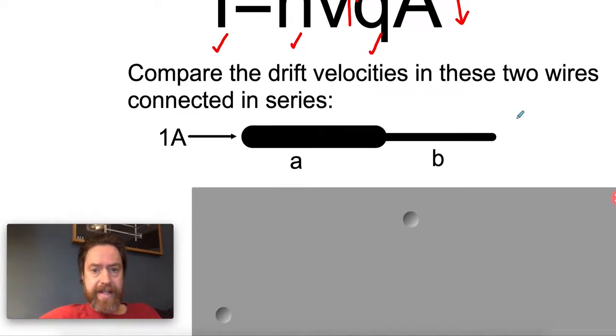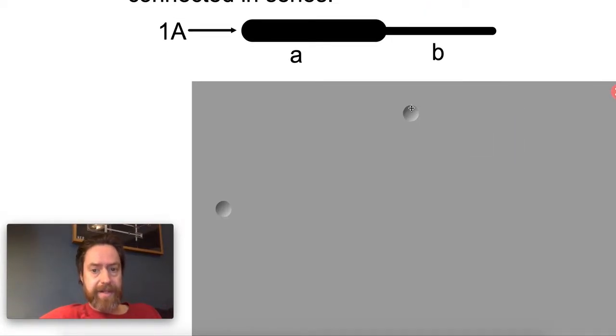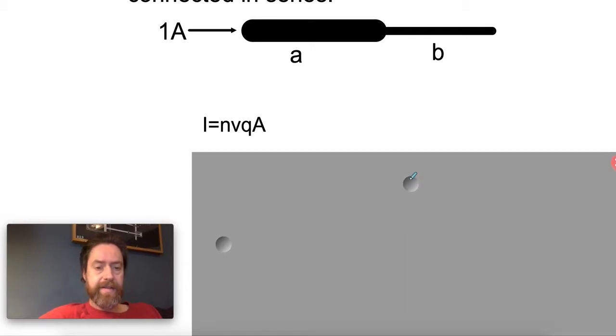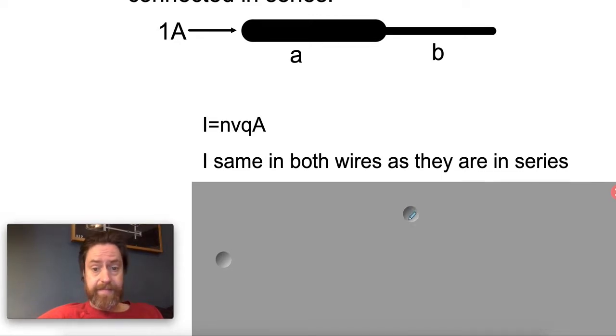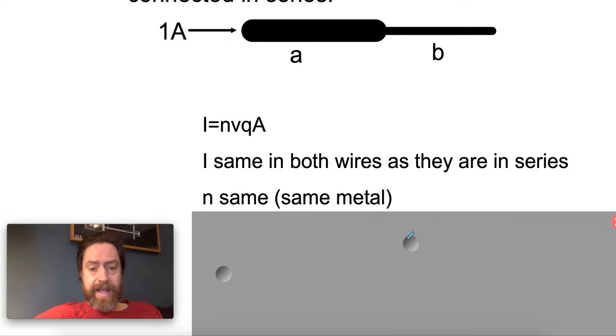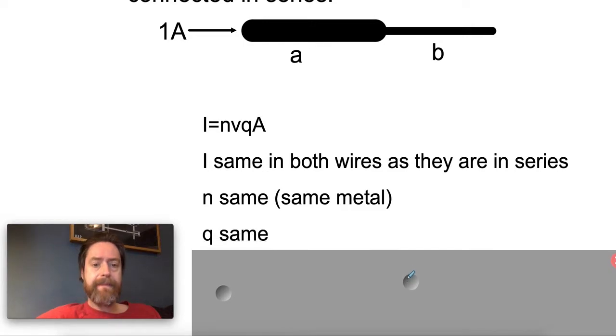Now, how would I write that down? Well, I've got that hidden under here, and you might want to make note of this. So I start with the equation. I note that the current's the same in both wires as they're in series. The n is the same because they're the same type of metal, same number of charge carriers per unit volume. The charge on each of those charge carriers is the same.